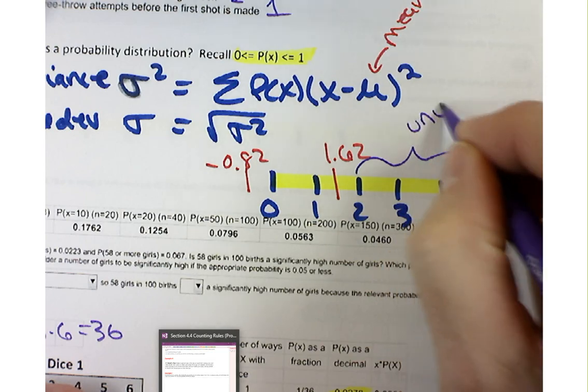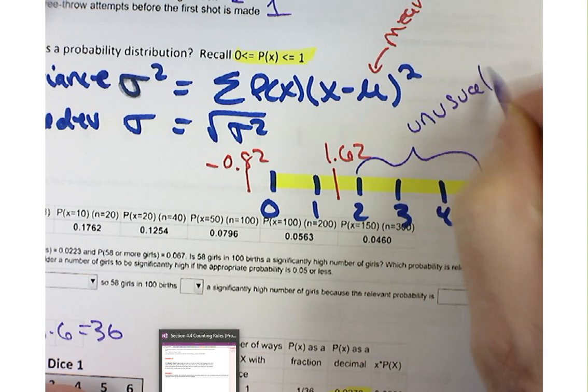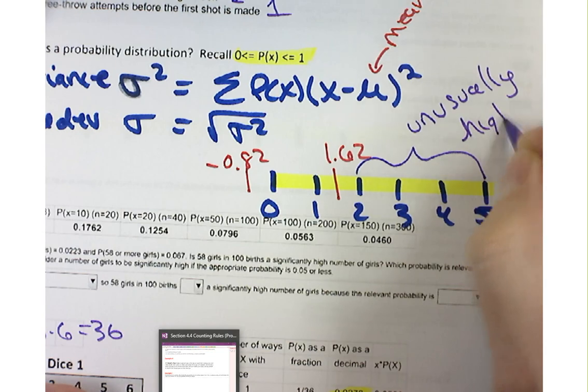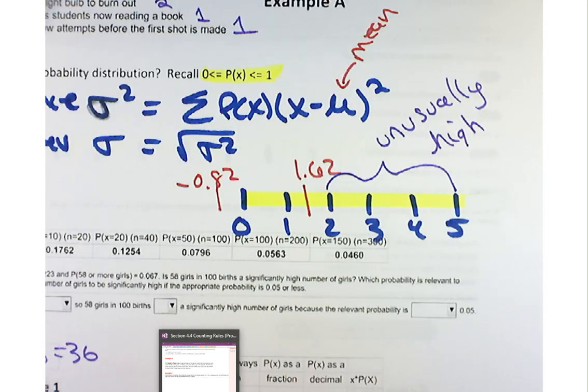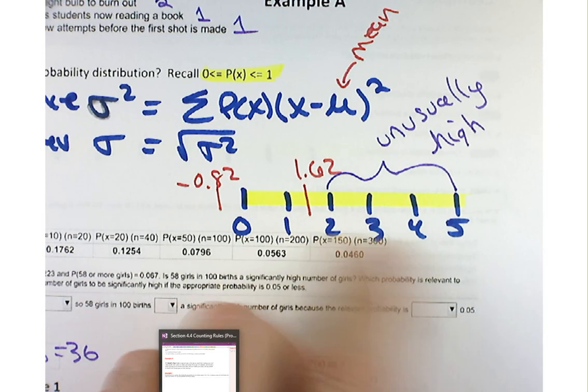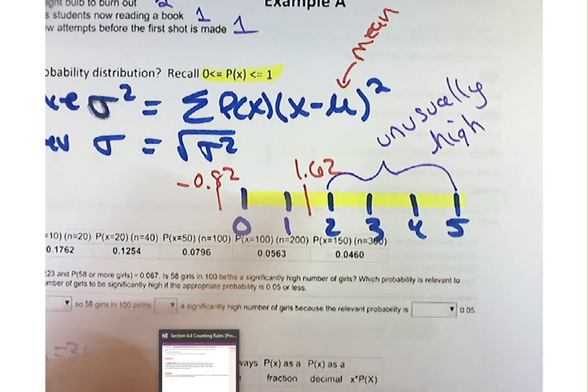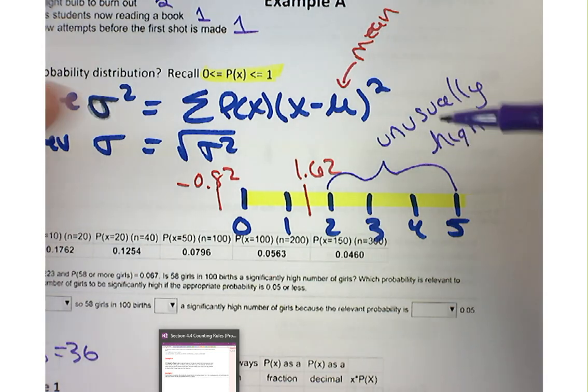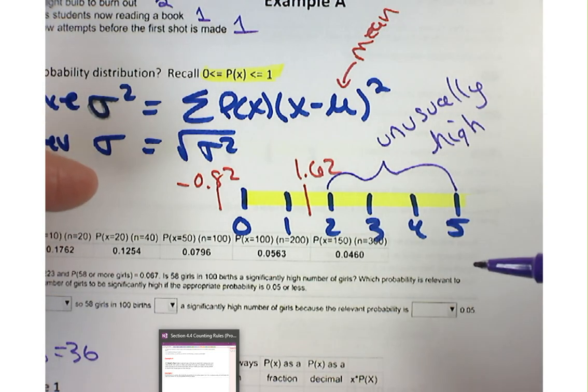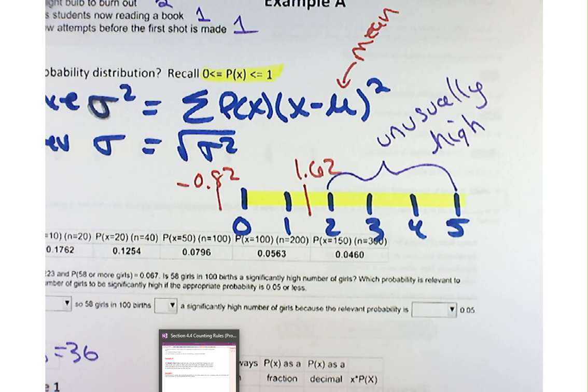These are your unusually high values. I mean, on average, you expect about 0.4. Anything 2 or above is going to be unusually high. You can't get anything that's unusually low in this case. We're going to repeat this with our dice rolling example in just a minute.